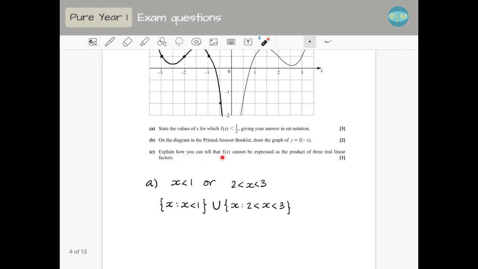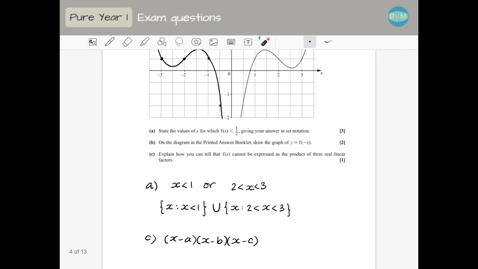And then explain how you can tell that f(x) can be expressed as the product of 3 real linear factors. This means that a cubic could be expressed as a product of 3 linear factors. These are linear factors, when I have only x and not x squared or x cubed.